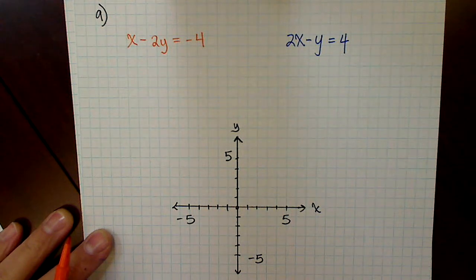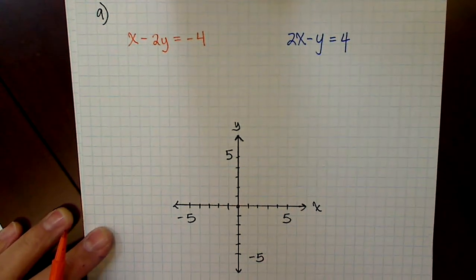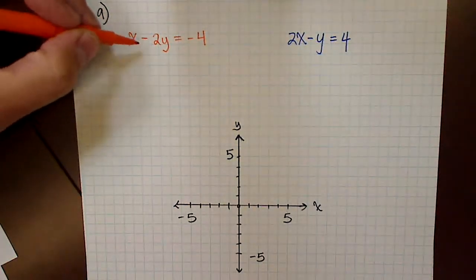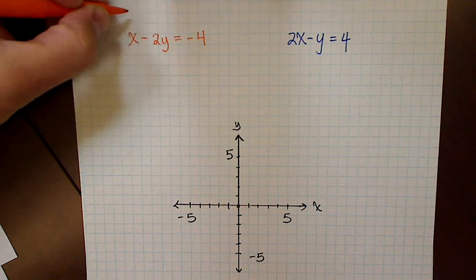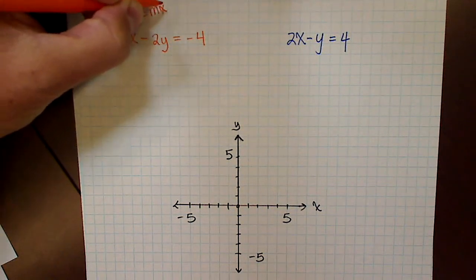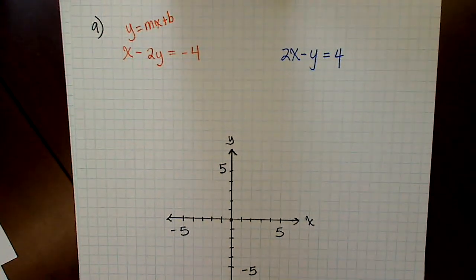So a system is working with multiple equations with the same variables at the same time, simultaneously. So here we have this equation, and I want to get the equation adjusted so that it ends up in slope-intercept form, or some of you might call it y form, so it looks like y equals mx plus b.